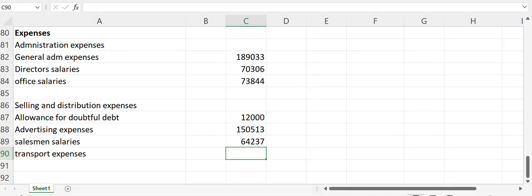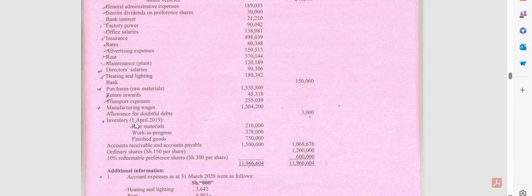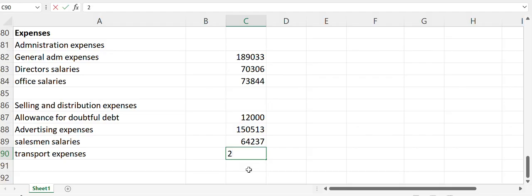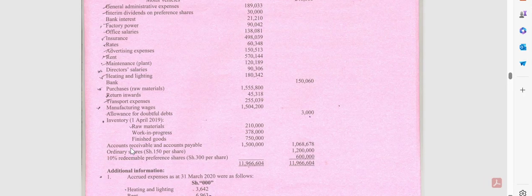So transport expense is already there. Transport expense is 255,039. So do we have any other item we've not recorded? I don't think so.